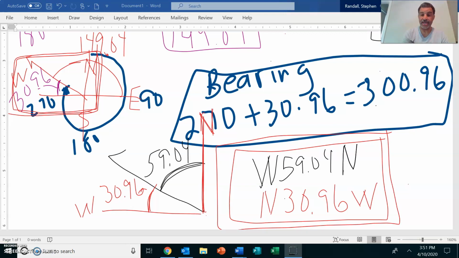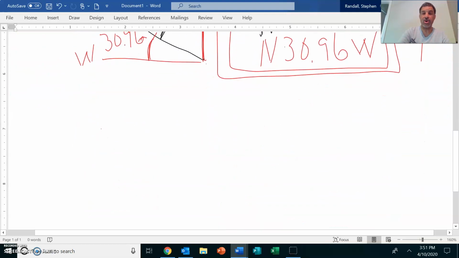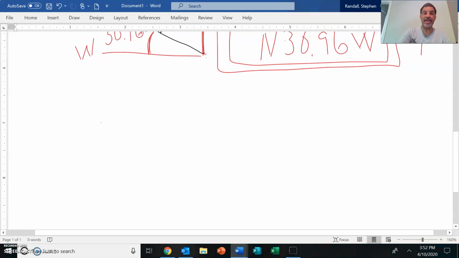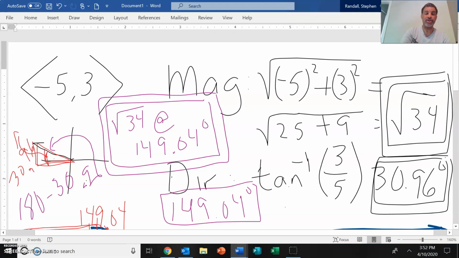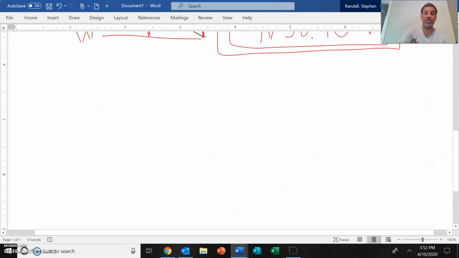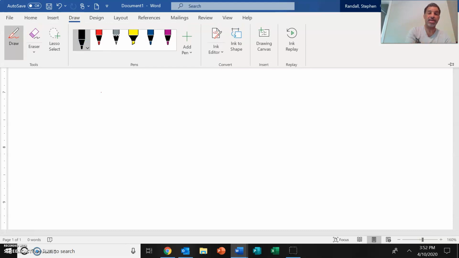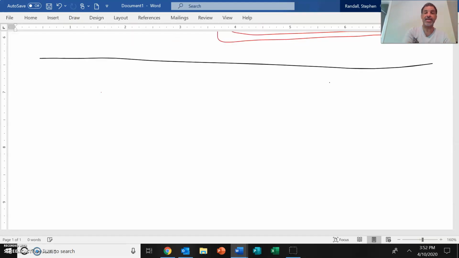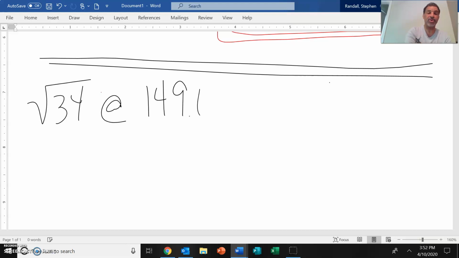What we haven't done is we haven't gone the other way. Okay? So I know that it's square root of 34 at 149.04 degrees. So if I'm starting in magnitude and direction form, my magnitude is the square root of 34. My direction is 149.04 degrees.